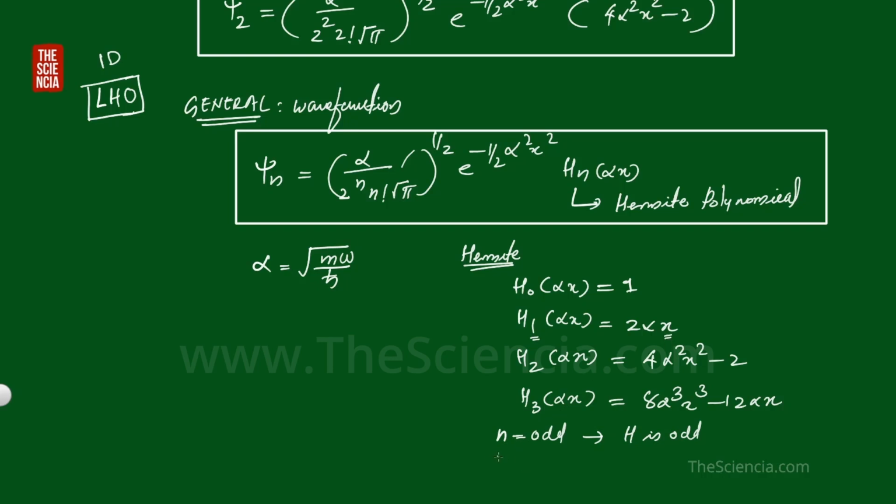And when n is even, H is even, that is H2, that is for alpha square x square. Okay, therefore this wave function is also, when n is odd, this wave function psi will be odd, and when n is even, then psi will be an even function.